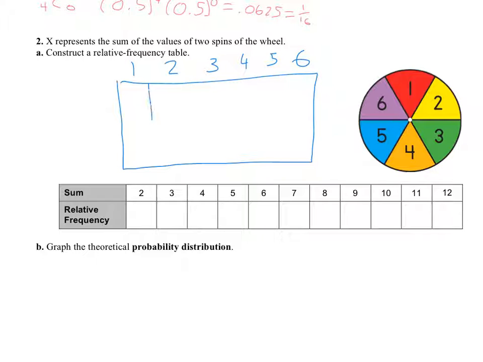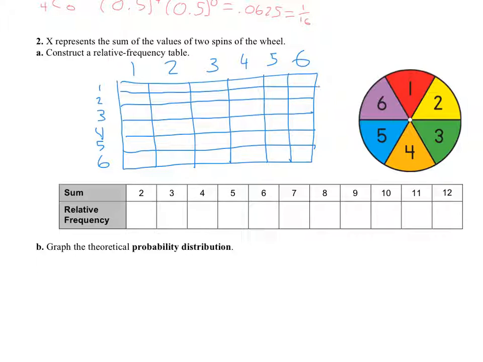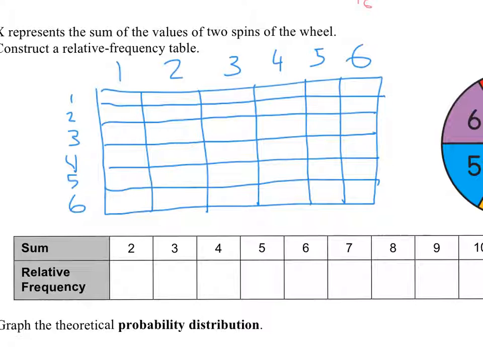And we have 6 possibilities for the second spin. Okay, so inside this table I'm just going to put the total if those were your 2 spins.